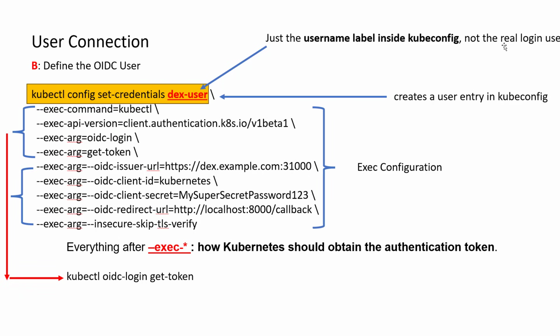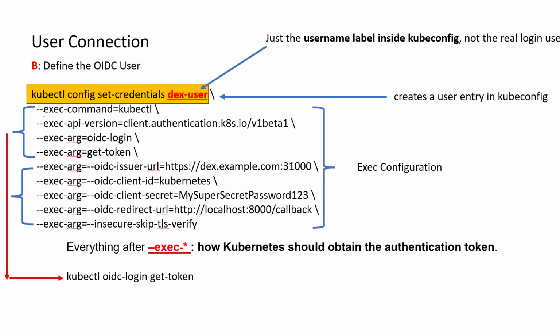But here we are planning for LDAP users, so we don't need to define a real user, we just give it a label, dex-user. Dex user can be every user in LDAP. So this section just creates a user entry in kubeconfig.